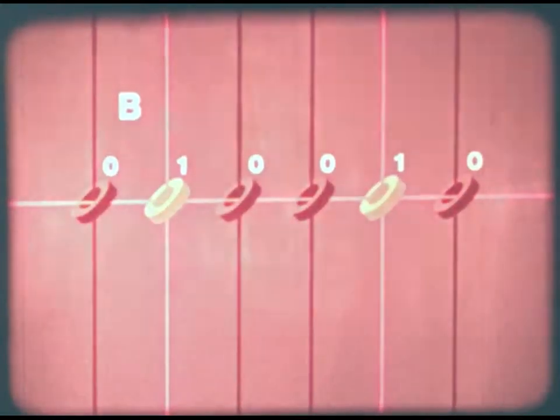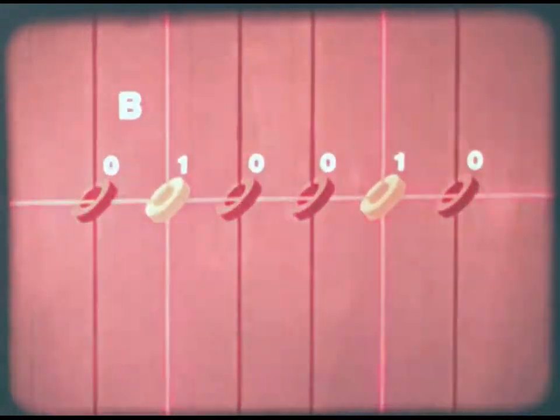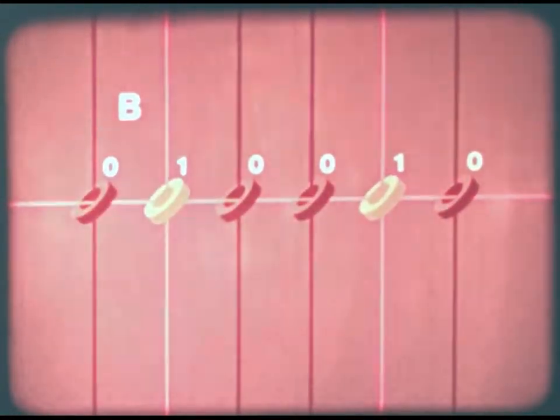Each bit of information is stored in sequence in one of these magnetic cores. Electrical current of a core in two directions represents 1. If the letter B is part of the information being stored, it would look like this.